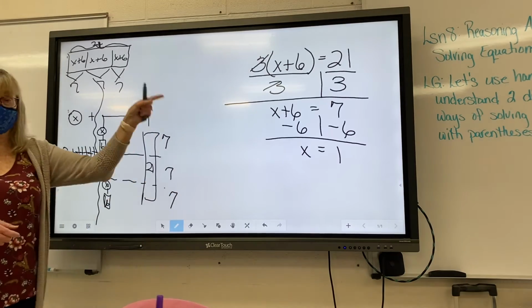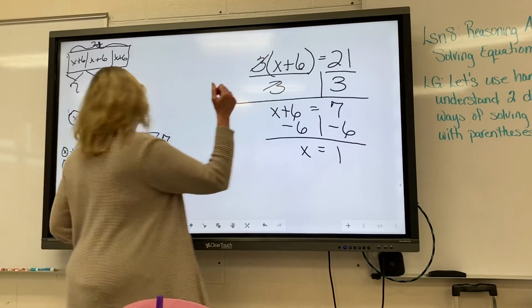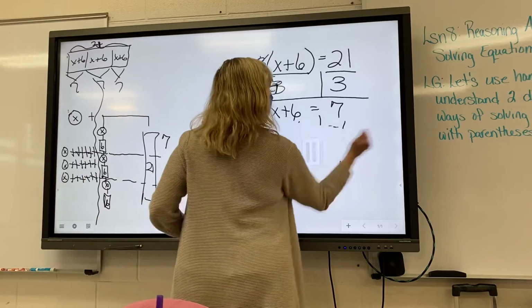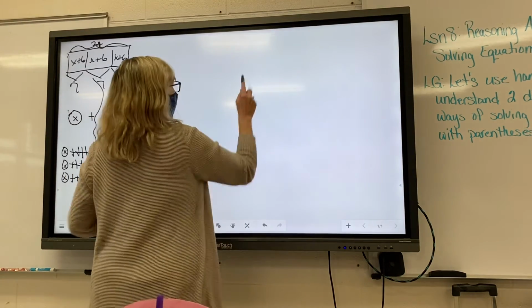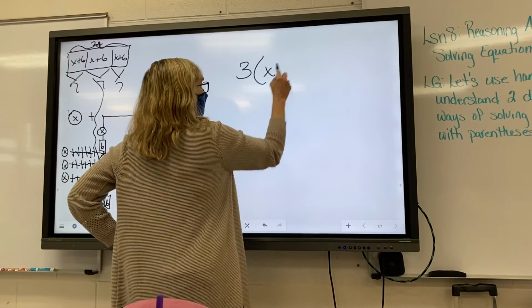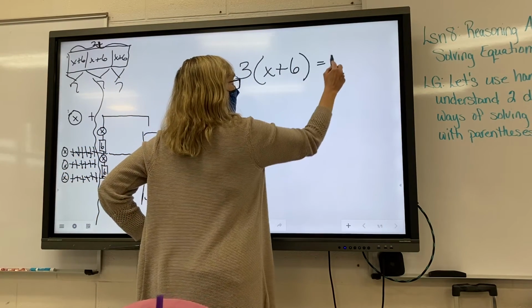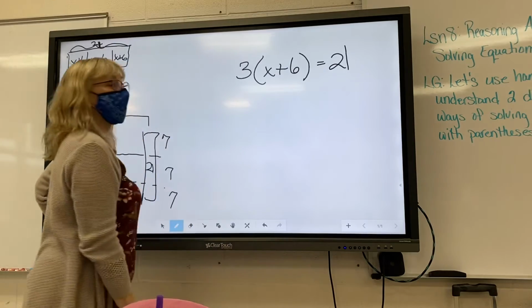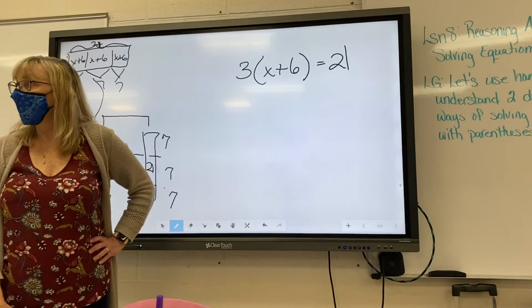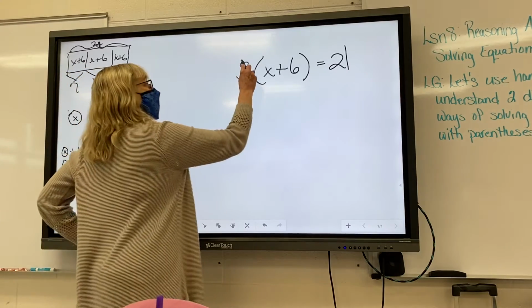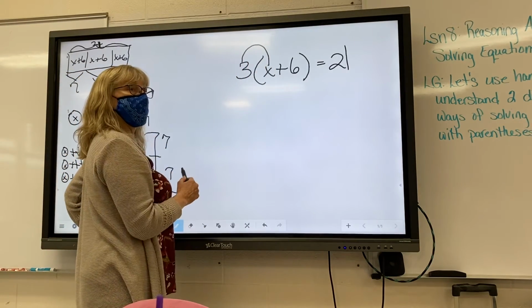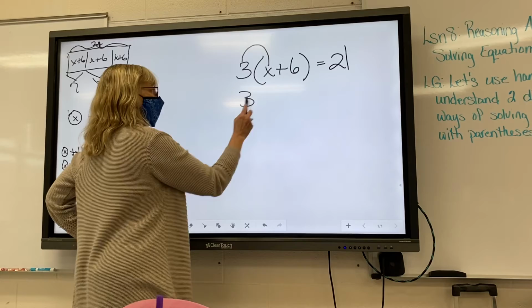Okay, now we're going to do it distributing first. Everybody got this written down? Yes. Okay, we're going to distribute first. We're going to hand cupcakes to everybody inside. So this gets multiplied by that, so that gives us 3x.